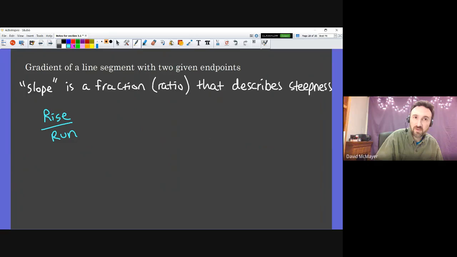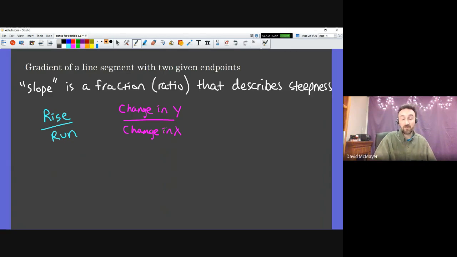And then other people look at this and say, you know what? Slope is the change in the y values divided by the change in the x values. And then there are still other people that say, well, why would you write change in y values? We can do that in symbols. We can write delta y or triangle y.